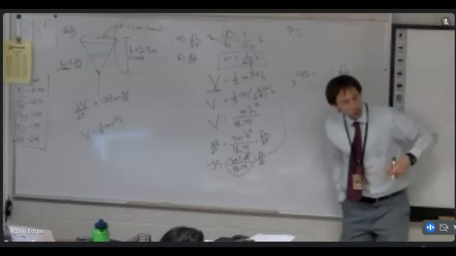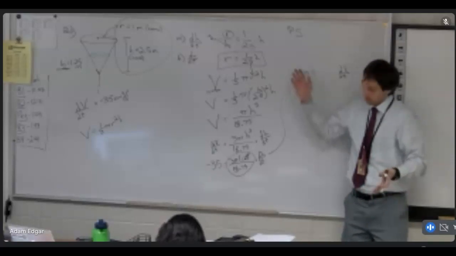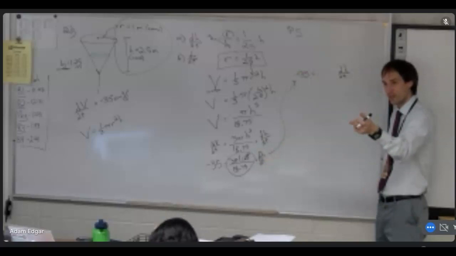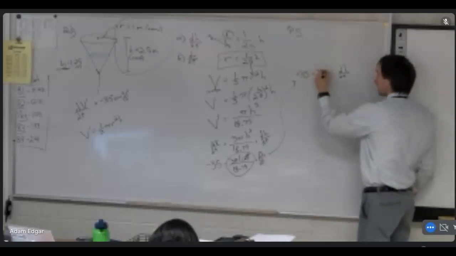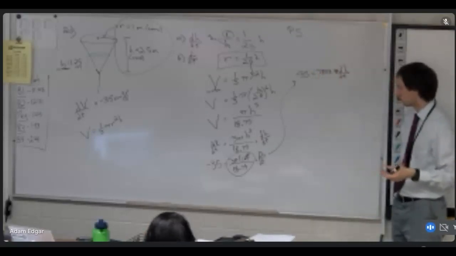What did you say, Zelda? 7,000? 7,853.98. I can buy it. That seems a lot more reasonable than 0 point whatever.